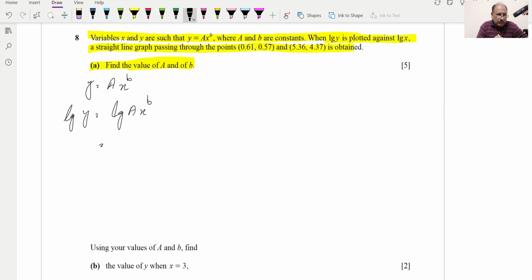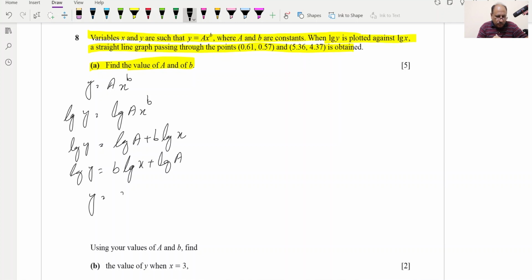So we can rewrite it as log of a plus b log of x, and this will be log of y, and we can rewrite it as log of y is equal to b log of x plus log of a, and this we can compare as y is equal to mx plus c, where b will be basically the gradient value.